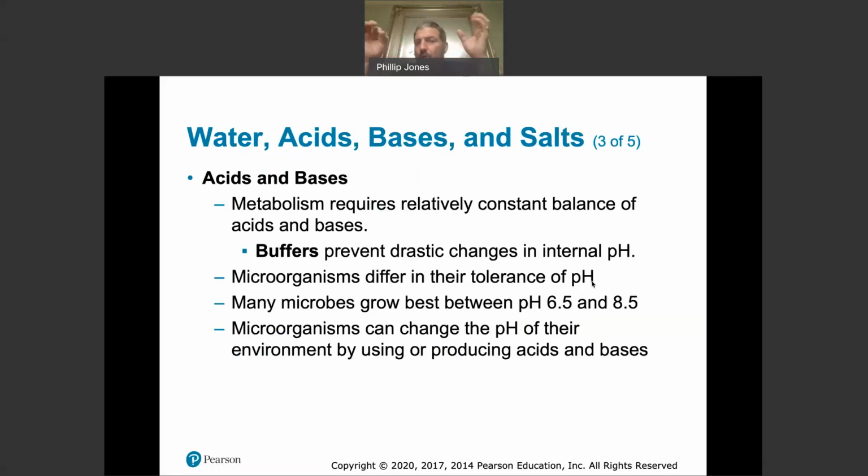Many microbes grow best between a pH of 6.5 and 8.5, somewhere in our range. But there's not a lot of places in the body that I'm aware of that have a pH of 8.5. That's pretty basic.